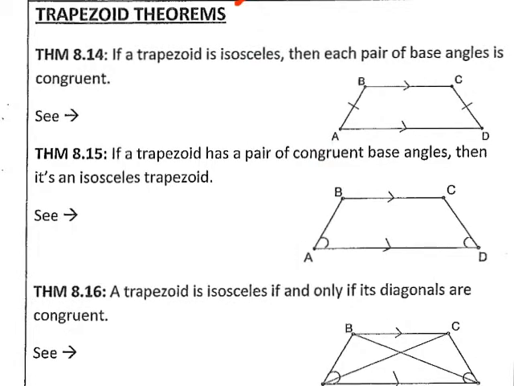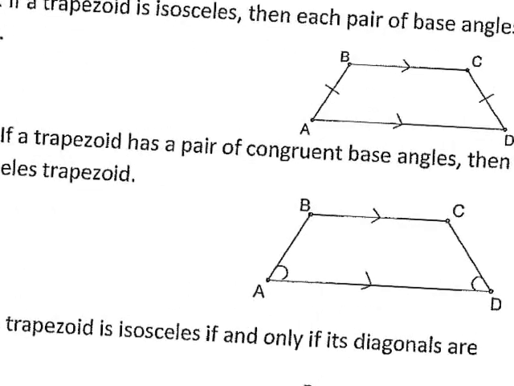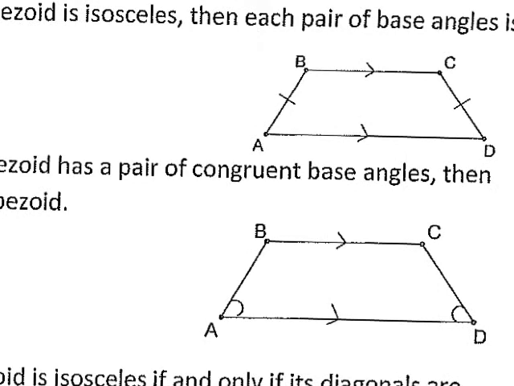Okay, so let's knock down some theorems here. 8.14, if a trapezoid is isosceles, then each pair of base angles is congruent. So if I have an isosceles trapezoid, which remember again is where I've got AB congruent to CD, then I know that B is congruent to C, and I also know that A is congruent to D. Okay, so that's basically all this theorem says.